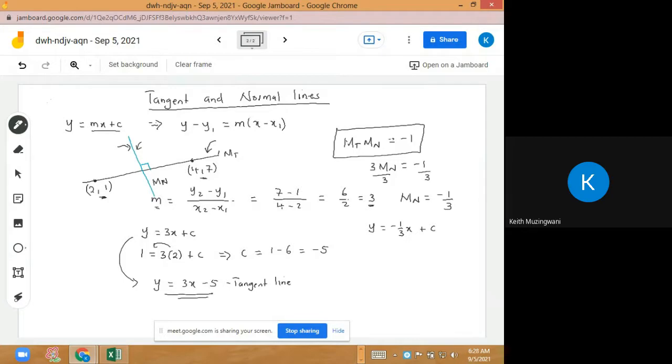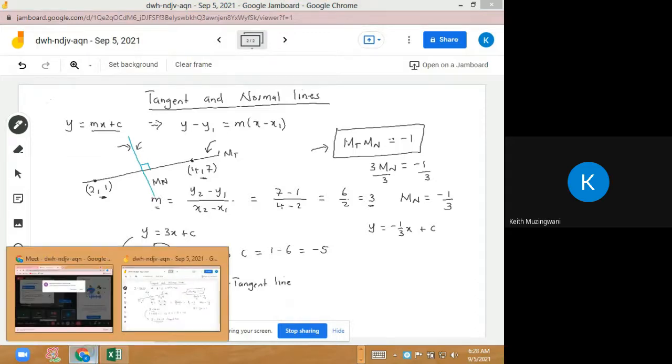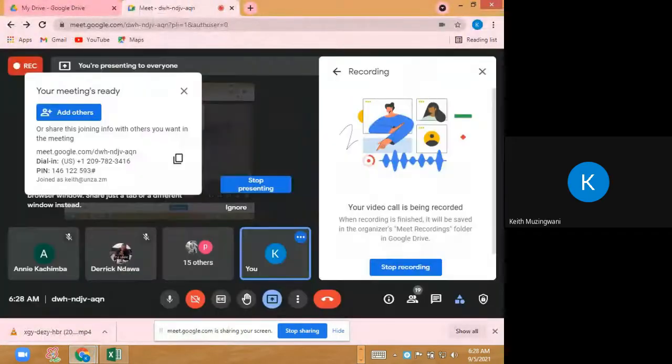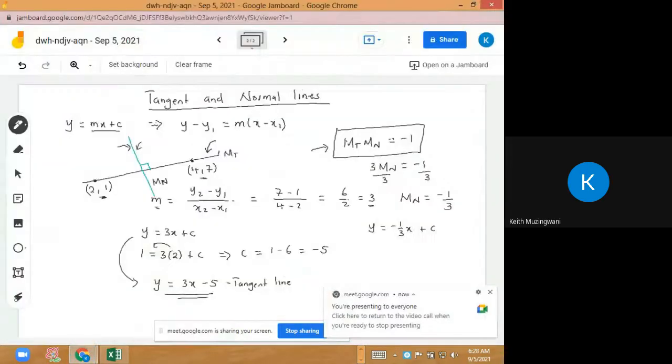If you multiply the two gradients, you get -1. So always, when you're asked to find the normal line, use the tangent gradient to get the normal gradient using this relationship. The product is equal to -1.